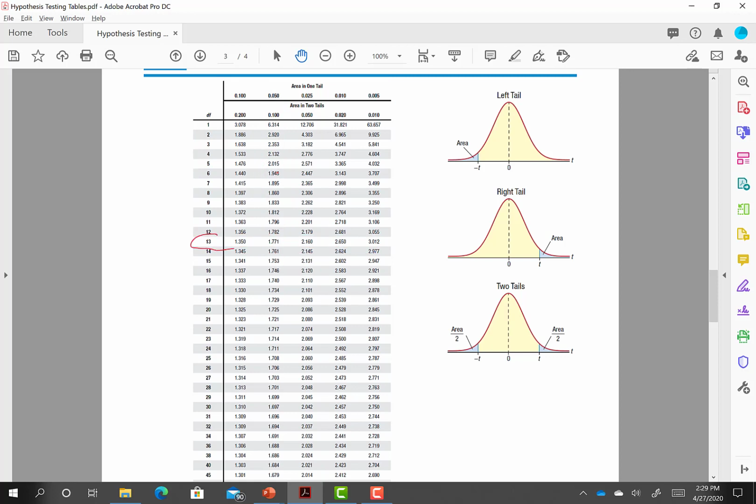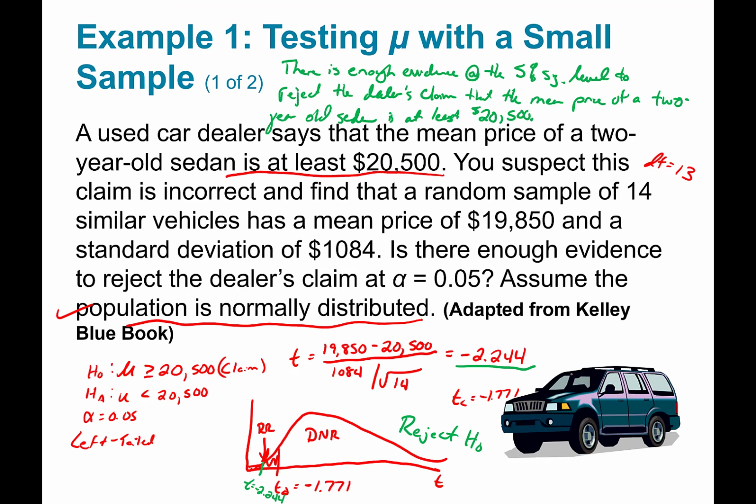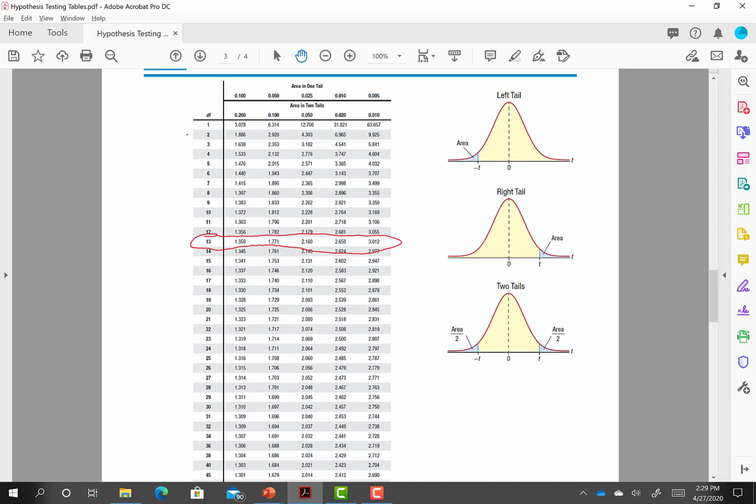So if we're on the degree of freedom row of 13, we want to look for our test value that we got, in this case negative 2.244. Remember, we can omit the sign when we're looking at the t-table itself. So 2.244. The problem's going to be it's not on this table.